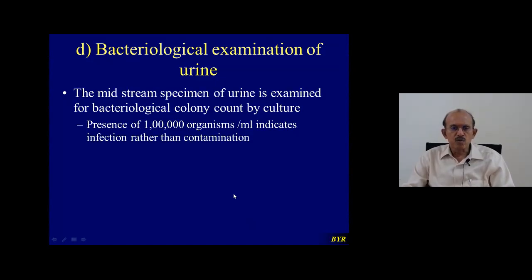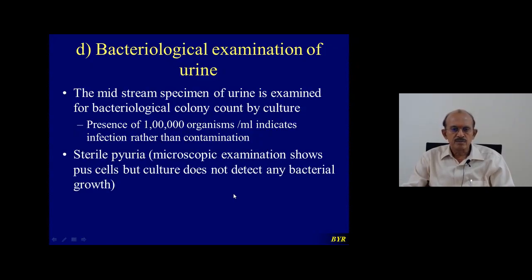Presence of more than 1 lakh organisms per ml indicates infection rather than contamination of the urine. Sterile pyuria. Pyuria means pus in the urine. How do you say pus is there in the urine? Microscope examination shows pus cells.